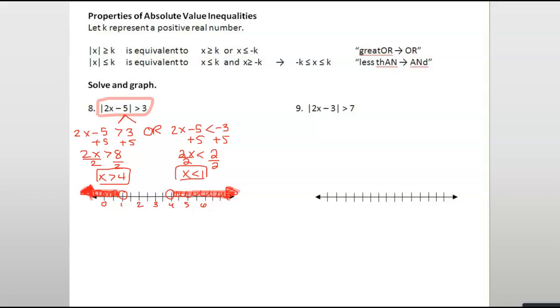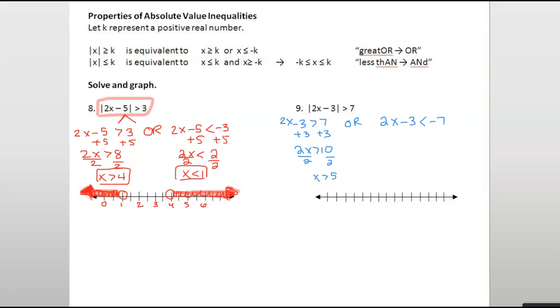So this becomes 2x minus 3 greater than 7, or 2x minus 3 less than negative 7, because anytime you get the opposite sign of the absolute value, you change the direction of the inequality and the sign. Now we solve for x, so we add 3, divide by 2.